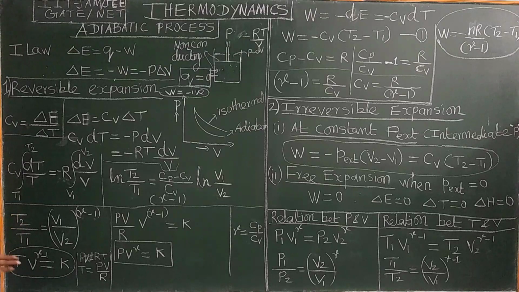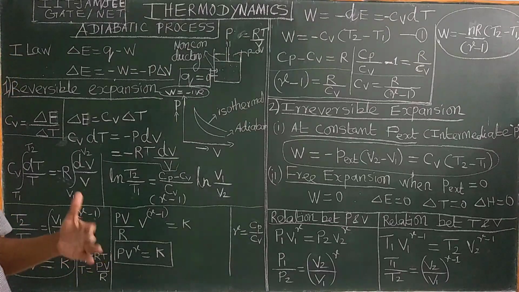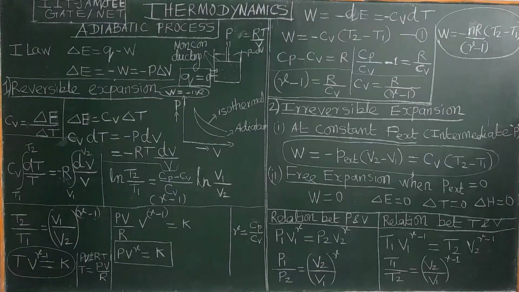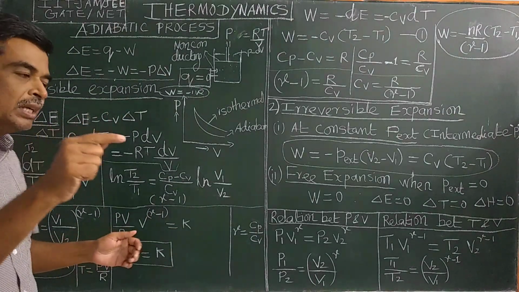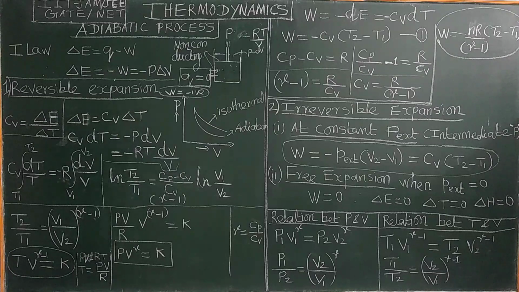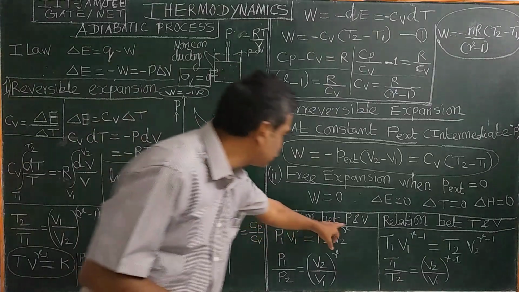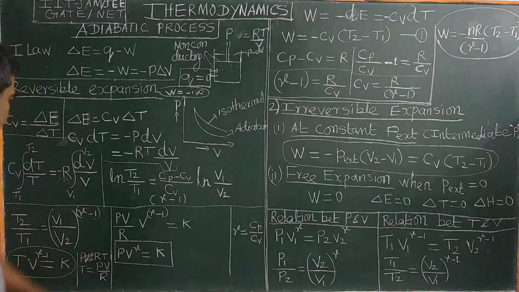We have derived it, since they will ask what the relation between temperature and volume is. One more form: TV to the power gamma minus 1 is constant. So you need to know how this formula is arrived at. For example, using this formula, the relation between pressure and volume is obtained.